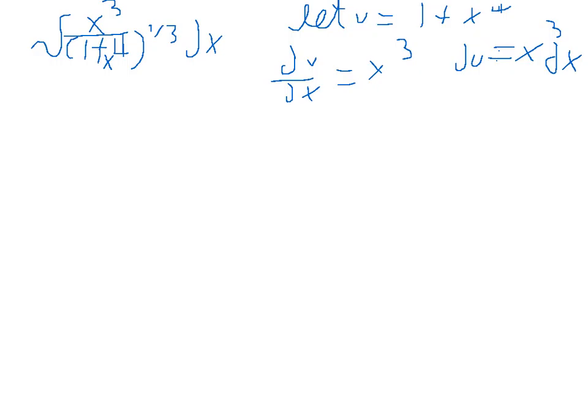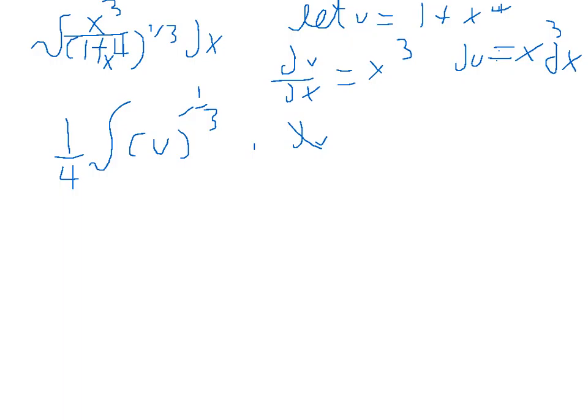And also, since it's x to the 4th, we brought a 1/4 out. So it's 1/4 integrate u to the negative 1/3 times du, and the du goes away.